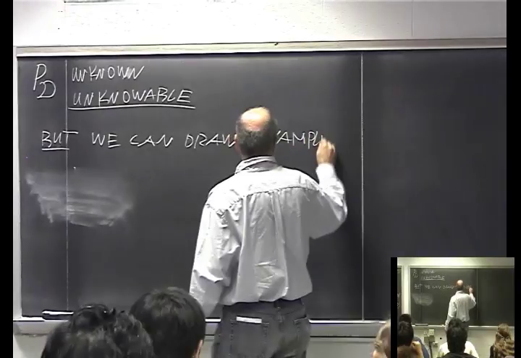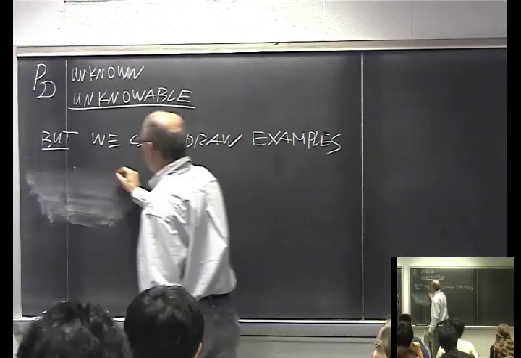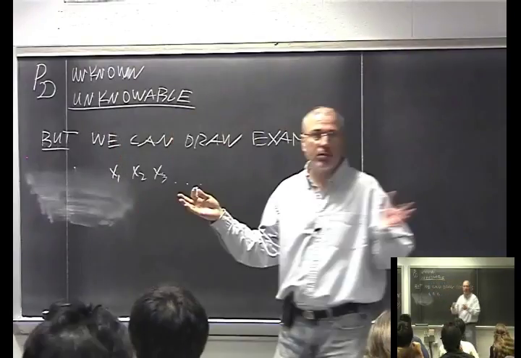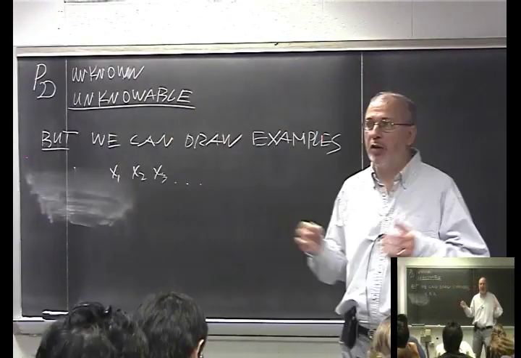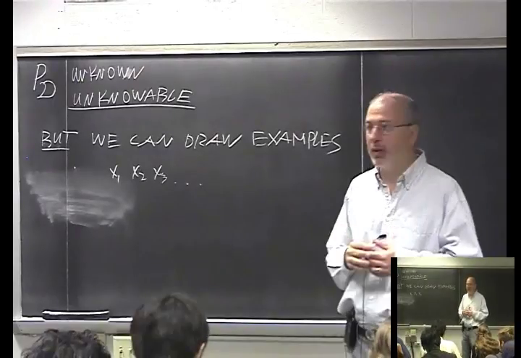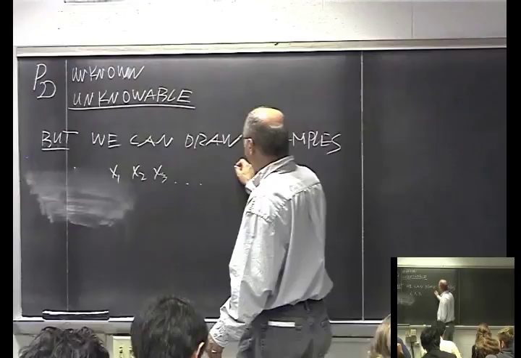So the examples are going to be x1, x2, x3, etc., where x stands for some potentially multi-attribute, multi-dimensional input, representation of the entire input. And I'm going to write it like this.